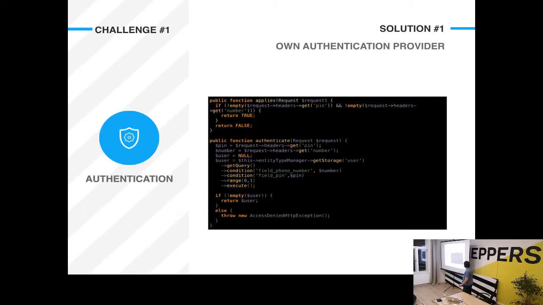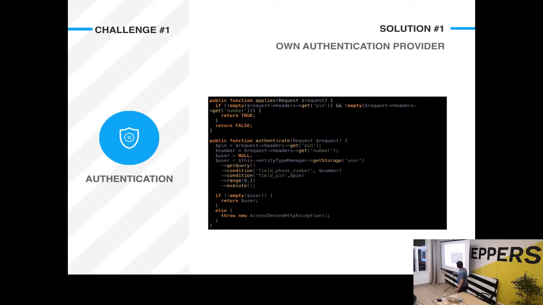The first method, applies, is used for finding out if this authentication provider applies for this request, and the other method, authenticate, provides authentication itself.